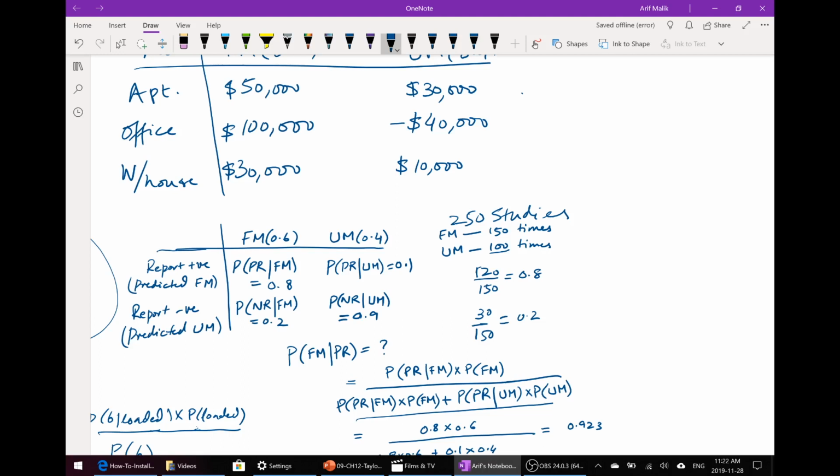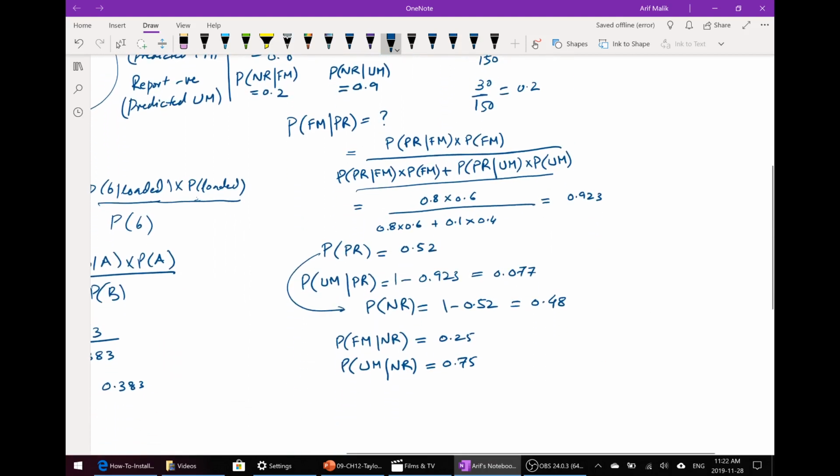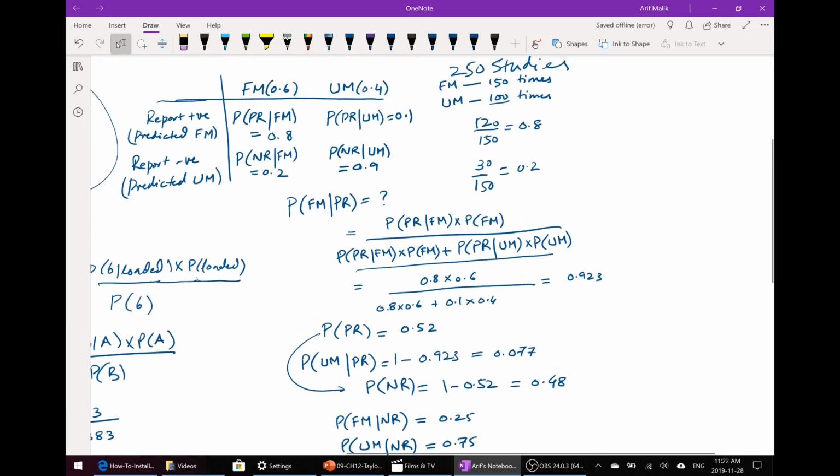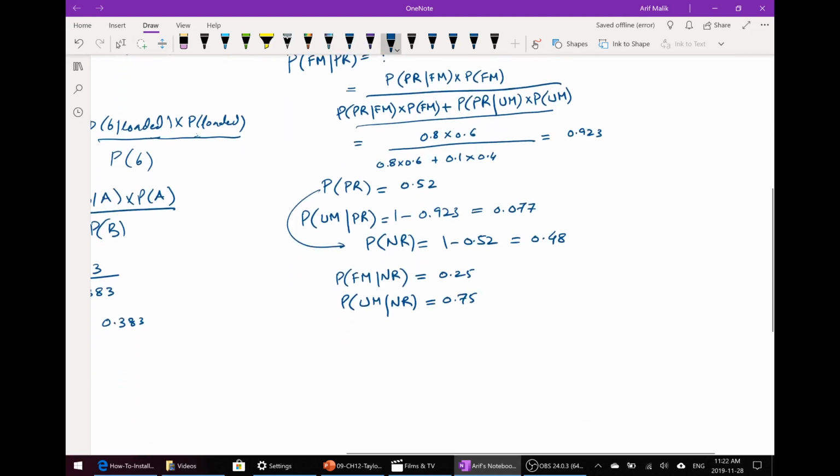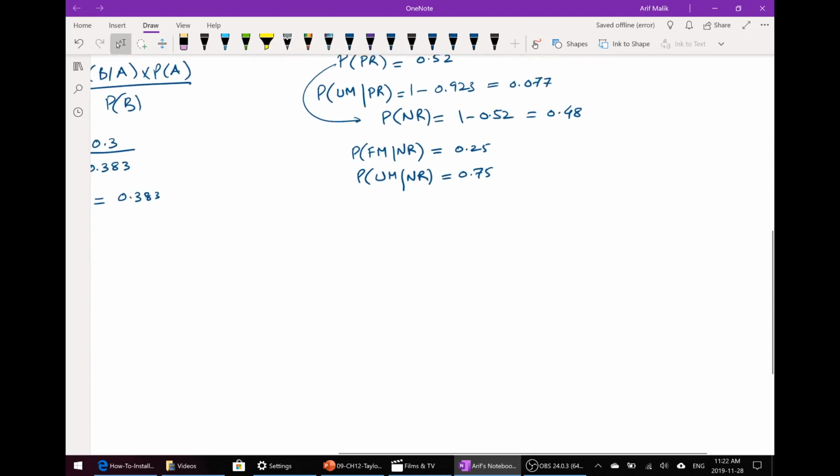So what I'm going to do is draw the tree. Remember that we have already worked out in the previous part the probability of favorable market given that a positive report has come, and the probability of unfavorable market given that a positive report has come, and so on. All these different probabilities have already been worked out, so we will be using them.